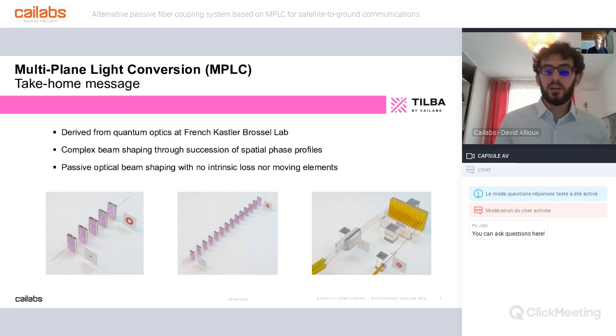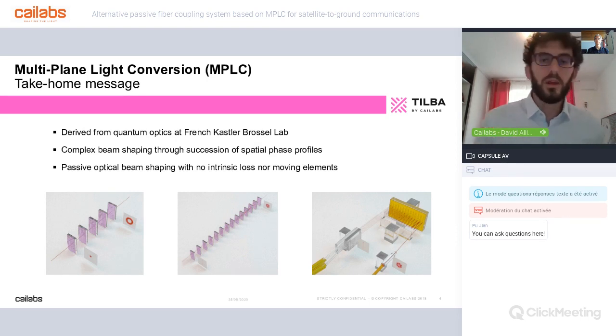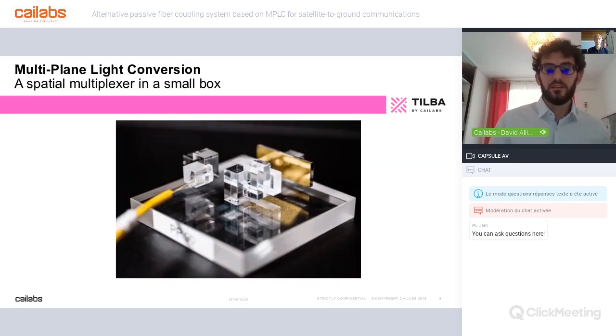It's convenient, for example, if you want to play with modes that are different from fiber modes. If you generate a square flat top, it doesn't fit inside a multimode fiber. And of course, it's completely reversible, so you can use the multimode side as the input and the monomode side as the output, which is what we do in practice when we use the MPLC for laser communication.